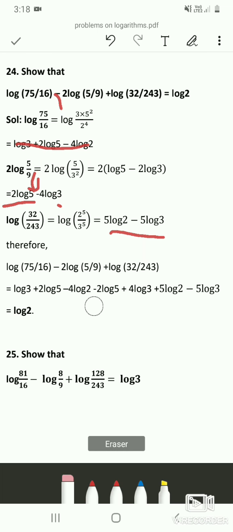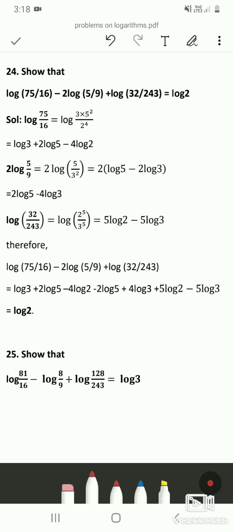So now the final step is to simplify. Here check for the common terms. First check for all the log 3 values. So log 3 plus 4 times log 3 is 5 times log 3, and 5 log 3 minus 5 log 3 is 0. Now the next step is to check for log 5 values.